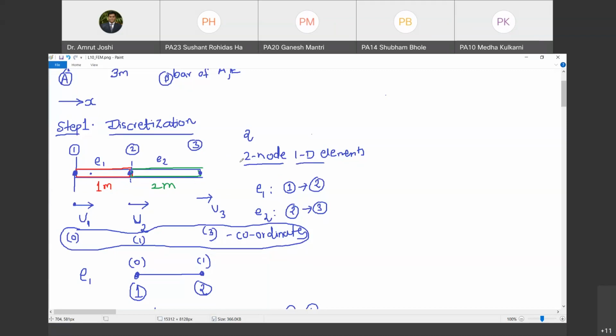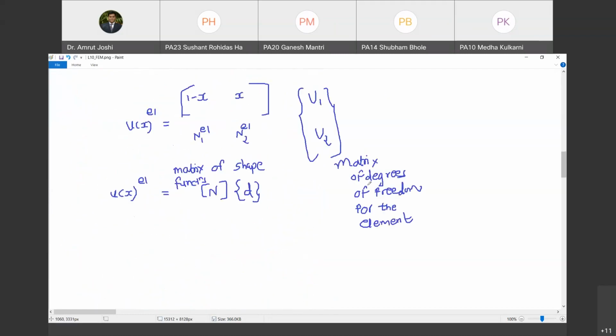I hope you are understanding what I am trying to say. Therefore, this matrix I denote by D, the matrix of degrees of freedom for a given element. What is the size of the N matrix? In this particular case, the size of the N matrix is 1 cross 2. And the size of the D matrix is 2 cross 1.